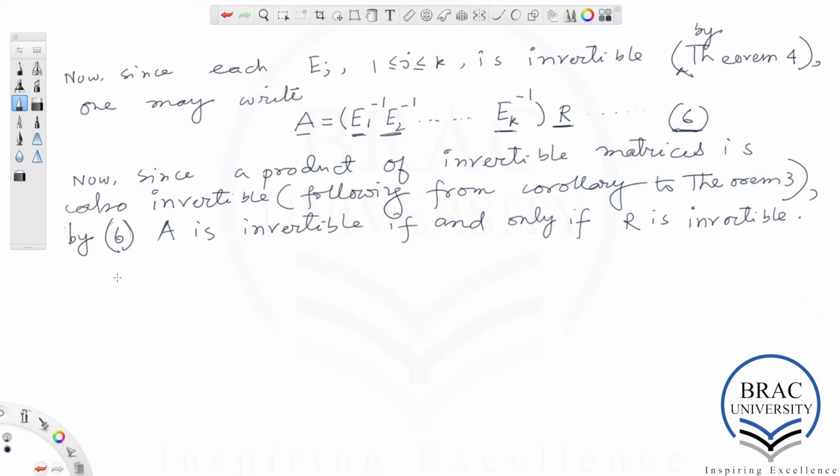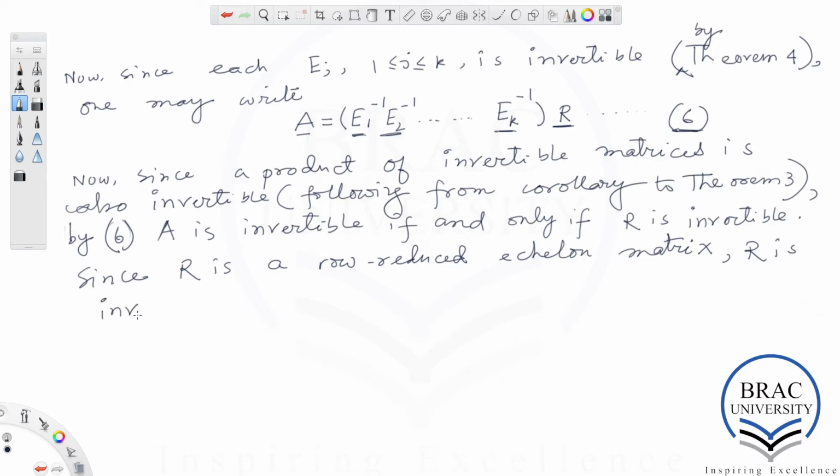Now, since R is a row-reduced echelon matrix, R will be invertible if and only if every row of R contains a leading one.